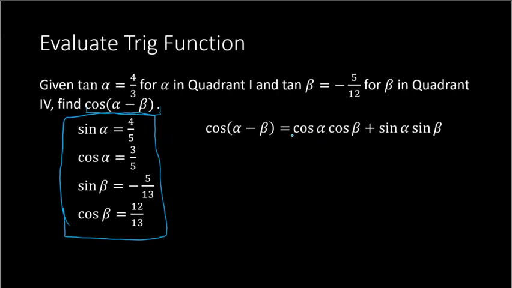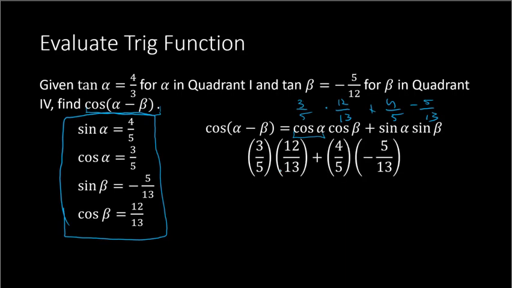Cosine of alpha, we found that to be 3/5. So plug 3/5 in place of cosine of alpha. And then cosine of beta is 12/13. Sine of alpha was 4/5. Sine of beta was -5/13. So we multiply and then add those together.